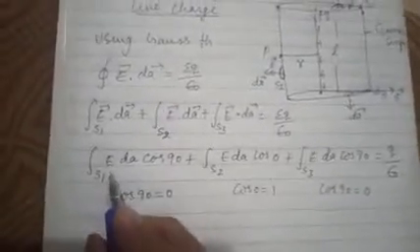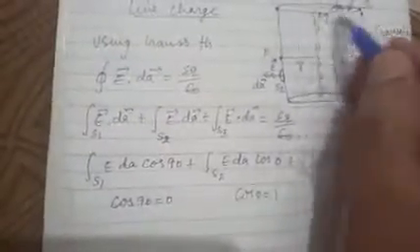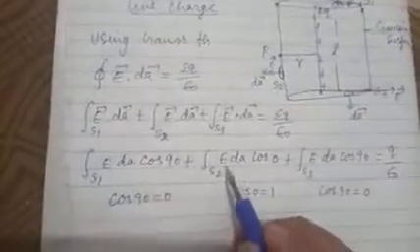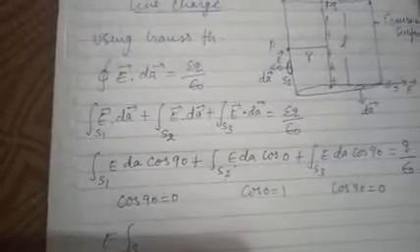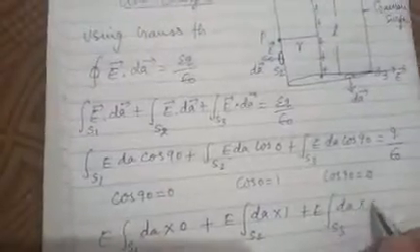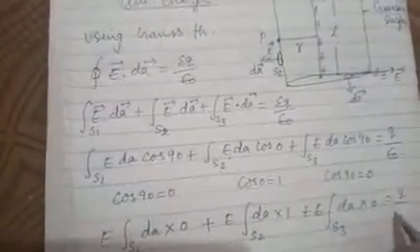E over S1 is uniform everywhere. Similarly, E at S2 is also uniform, and E over S3 is also uniform. So we can take E out of the integration. So E integral over S1 dA with cos 90 becoming 0, plus E integral dA over S2 with cos 0 equal to 1, plus E integral over S3 dA with cos 90 again 0, equals q by epsilon 0.